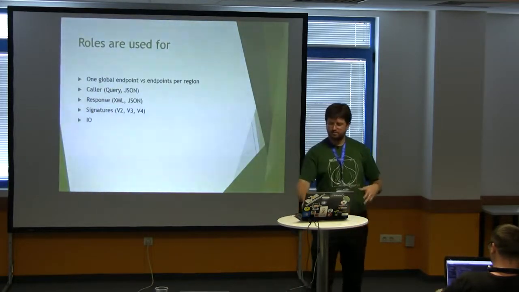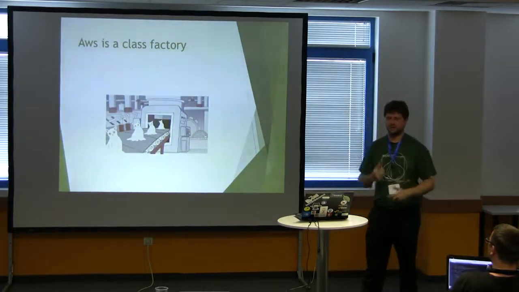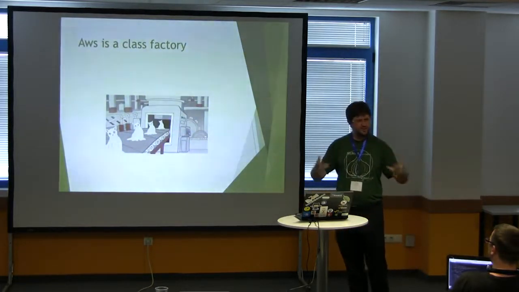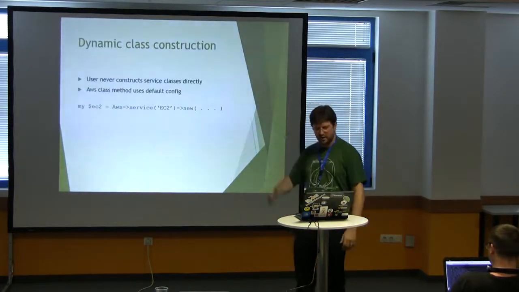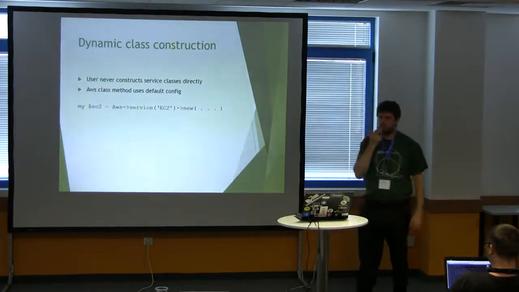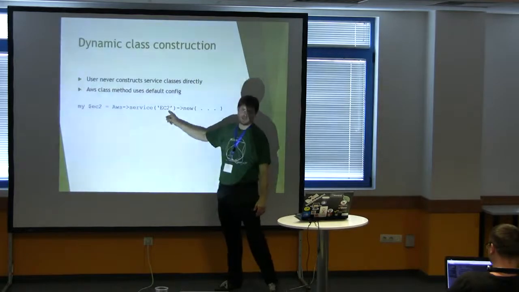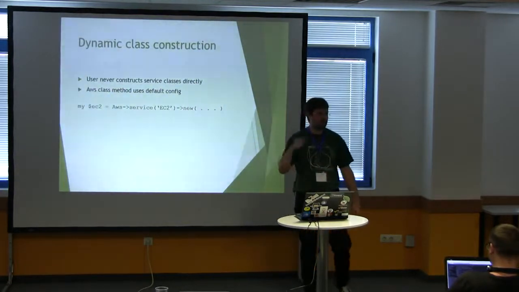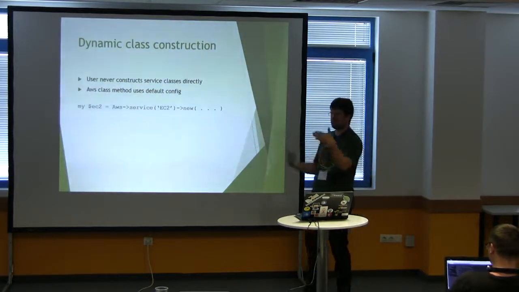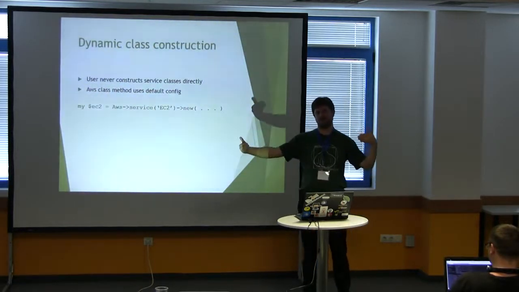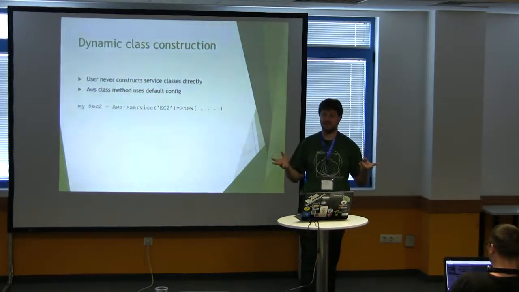So the thing is that we made a sort of class factory. You really don't even instantiate the EC2 class directly. When you want to call a service, you say, give me a class for calling EC2. And that class gets dynamically attached all the roles that it needs. Those roles come from a configuration.